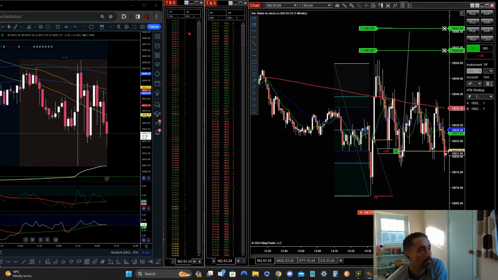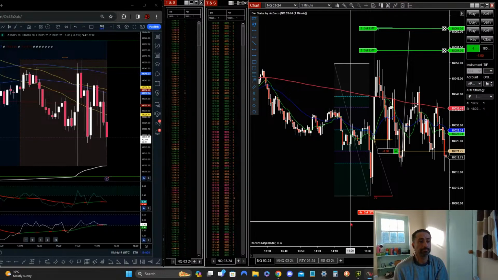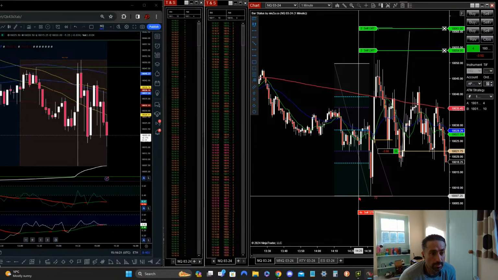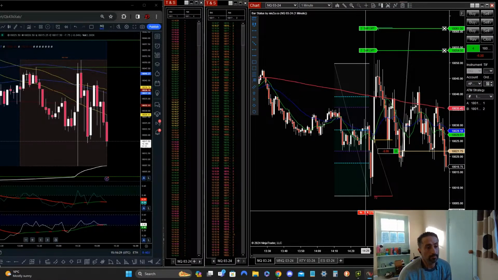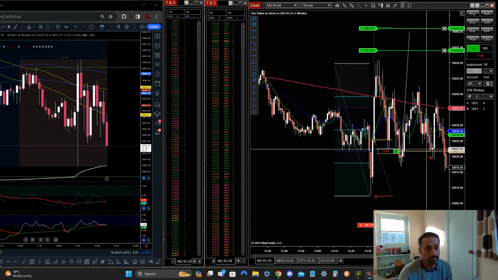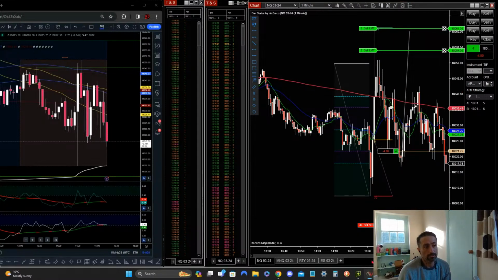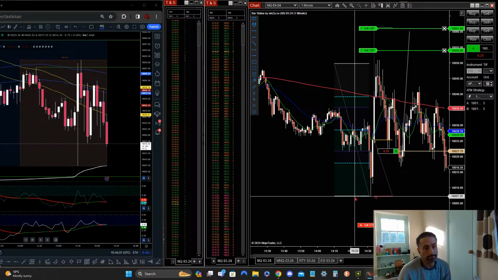People are just getting stopped out. You gotta let this feed through. It's gonna take some time if the long works, but I'm looking down here now. I'm looking at VWAP giving me a chance. It's right at the bottom here.